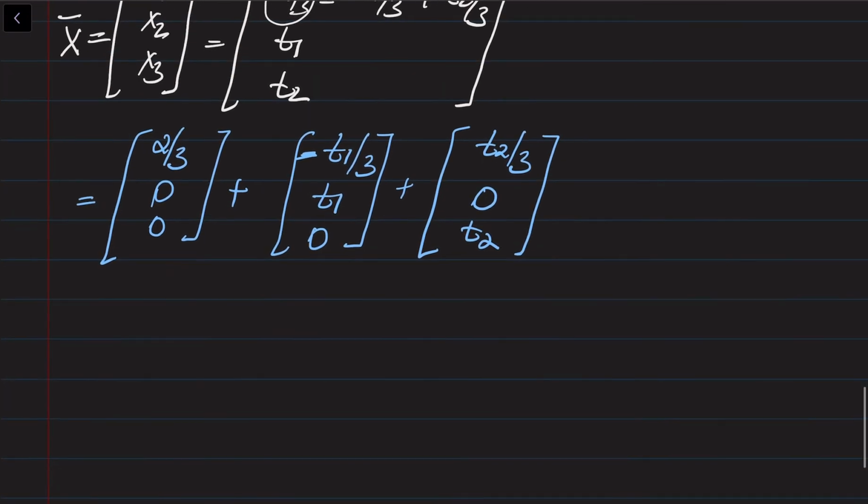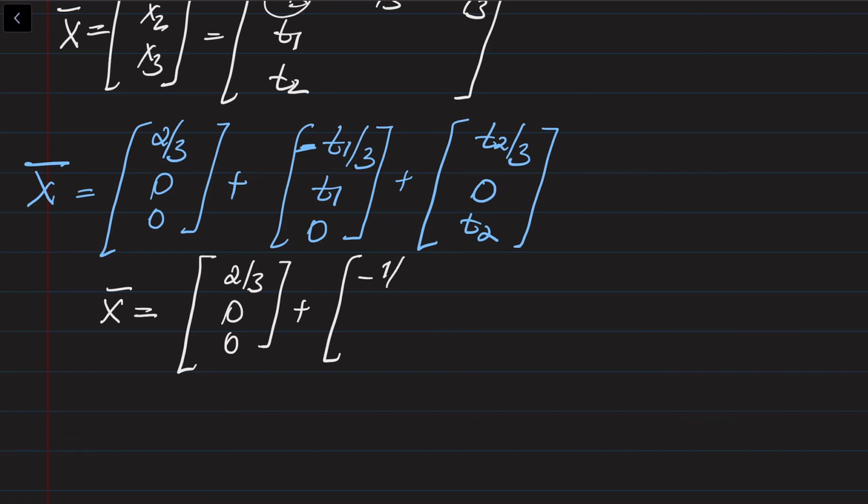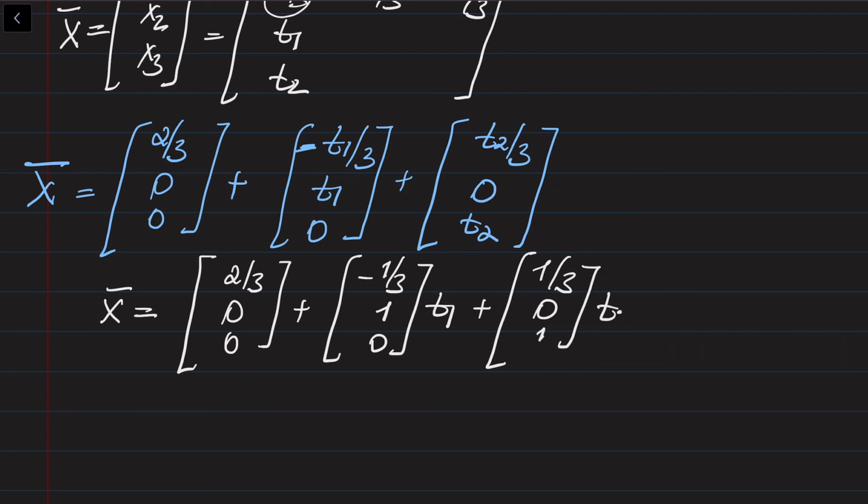So this is again our solution space. Now I would like to take out t1 and t2 from the brackets in order to write down the solution space in an elegant form. It is equal to minus 1 over 3, 1, and 0 multiplied by t1, plus, if you take t2 out of the vector, 1 over 3, 0, and 1 times t2.